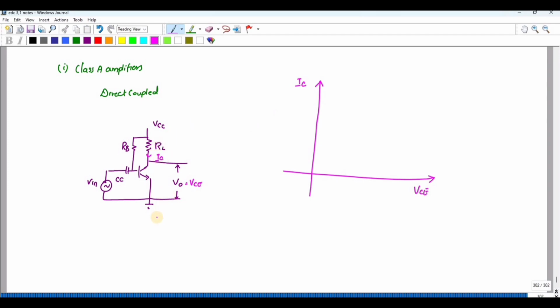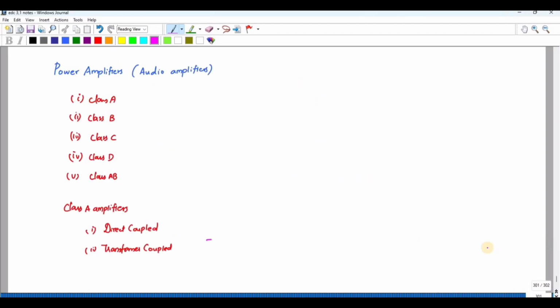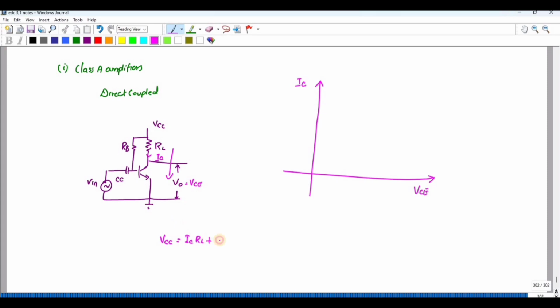We can write VCC equal to IC RL plus VCE. When VCE is equal to 0, VCC is equal to IC RL, where IC is equal to VCC by RL. So this is the point where VCE is equal to 0, and IC is VCC by RL.